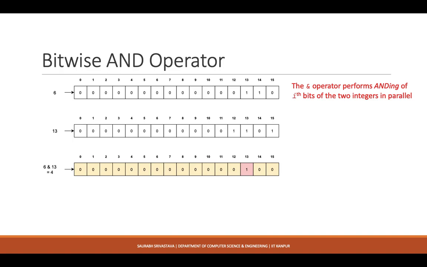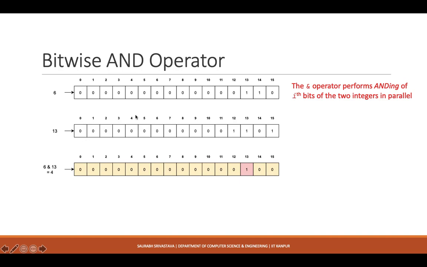That is the idea. So the bitwise AND operator actually works like this. The ampersand operator performs ANDing of ith bits of two integers in parallel. So ith bits as in this bit with this bit, this bit with this bit, and so on and so forth, right?